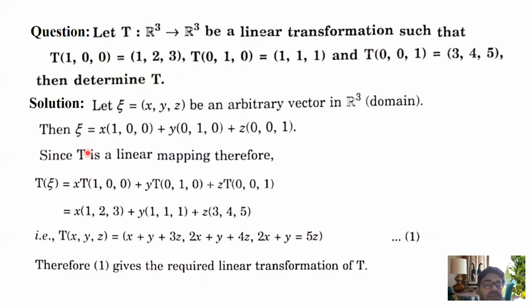Since T is a linear mapping, therefore T(ζ) = x T(1,0,0) + y T(0,1,0) + z T(0,0,1).